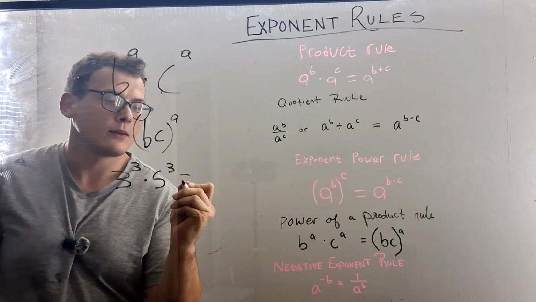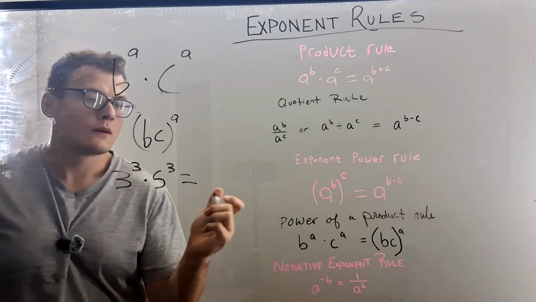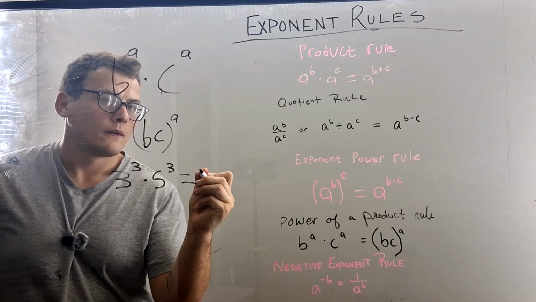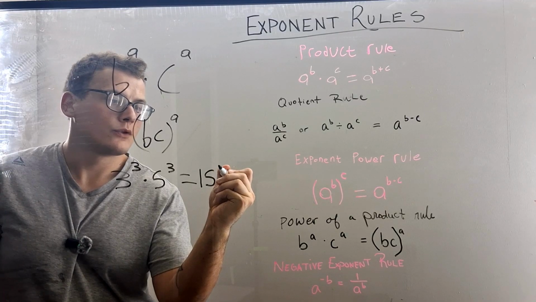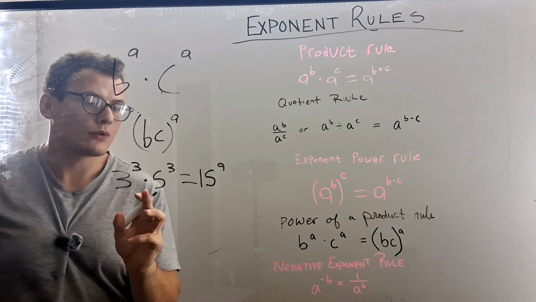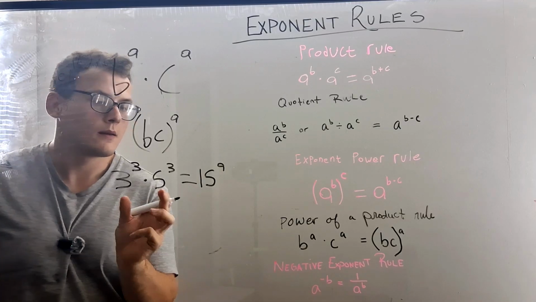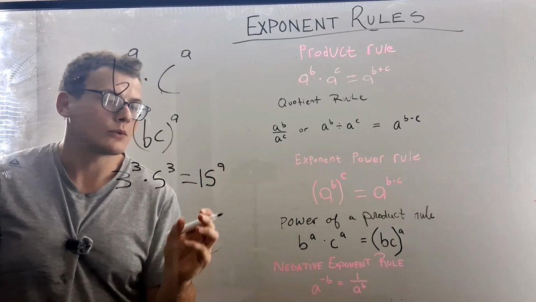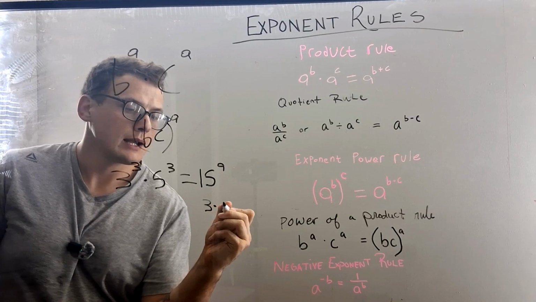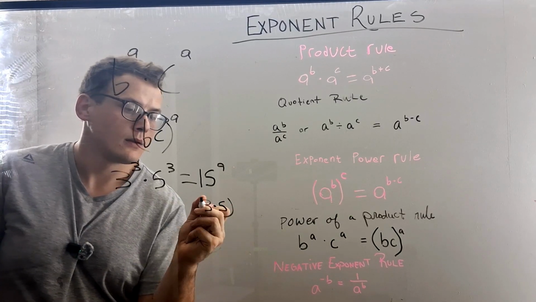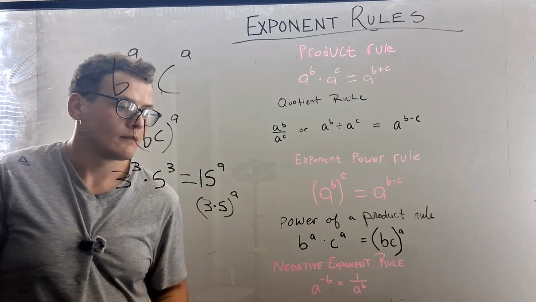What does this equal? 15 to the third. I did 3 times 5 here, which is 15. Or we could also express it as (3 times 5) to the third.